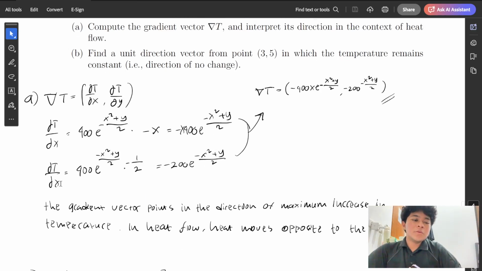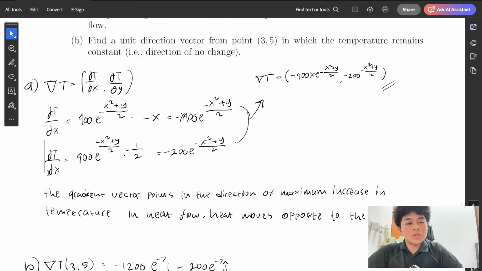Oh yeah, this is supposed to be dy, not dx actually. So it will give us minus 200 times y times exponential to the power of minus (x squared plus y squared) over 2.